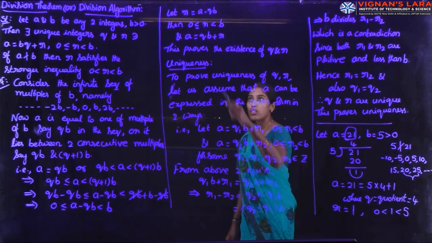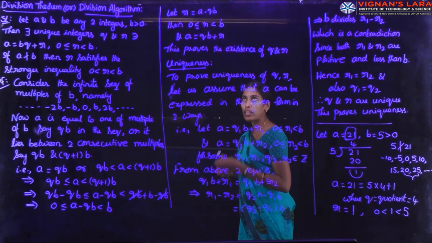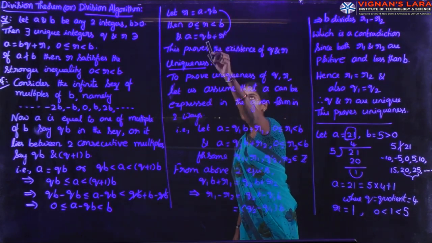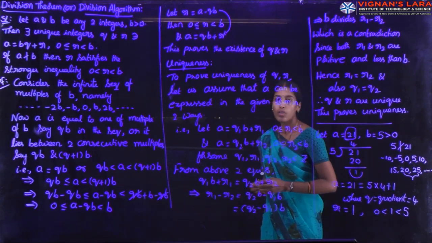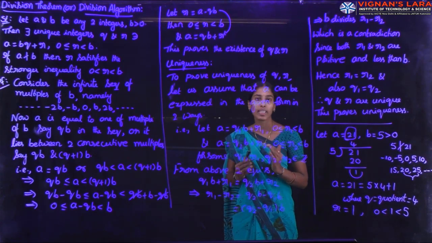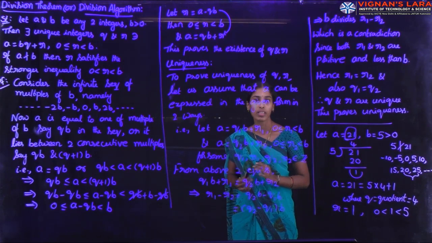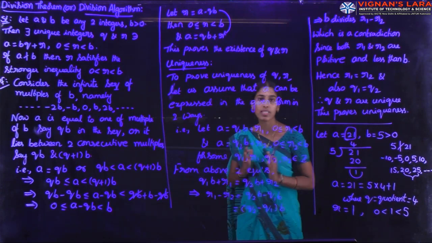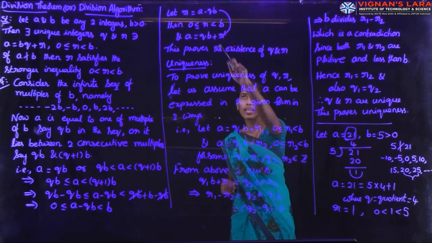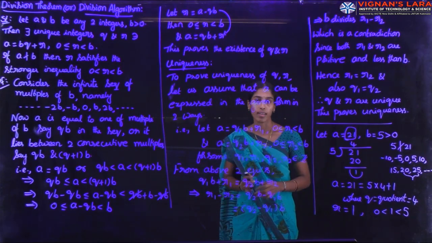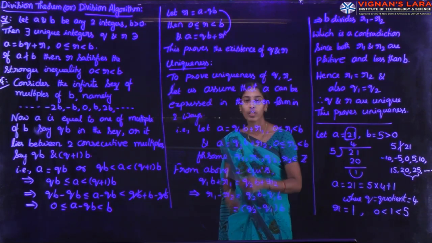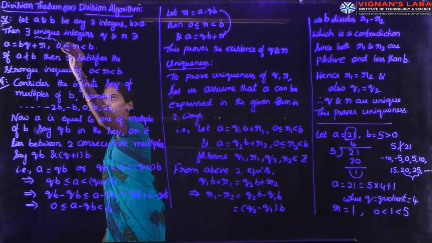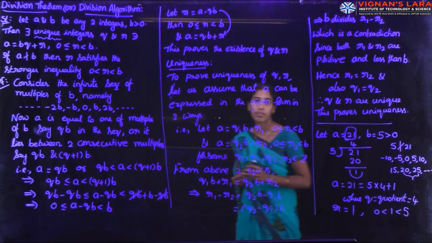So from this equation, it becomes A is equal to QB plus R. So here we are getting two integers Q and R such that R value lies in between 0 and B, and which satisfies the equation A is equal to QB plus R. This proves the existence of Q and R. Here also the statement mentions uniqueness, right?